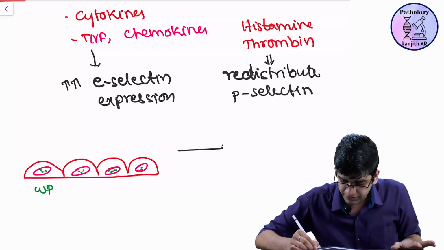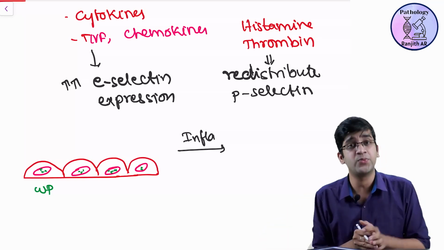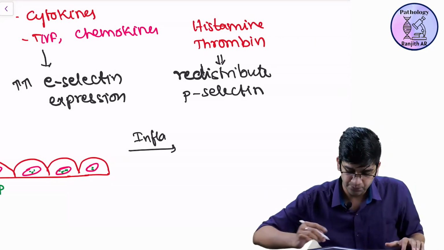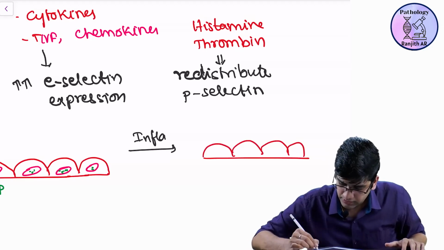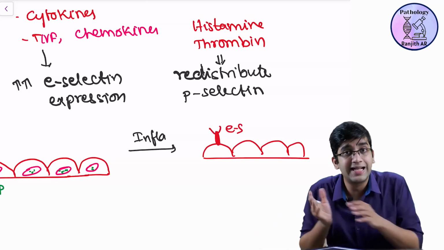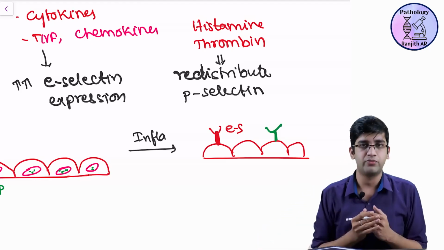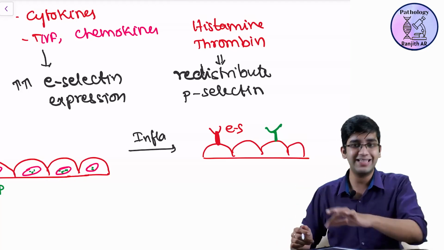When inflammation happens, when all the cytokines come, when the thrombin comes, when the histamine comes, they're going to change it totally. Same endothelium, but my E-selectin comes on the top, and the P-selectin gets redistributed. That also will come on the top after inflammation. Before inflammation, nothing happens.